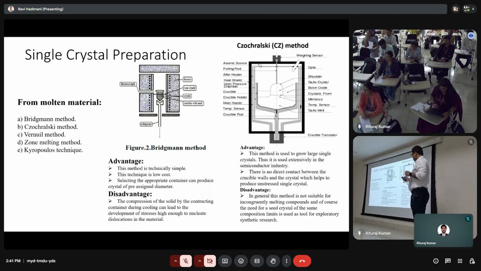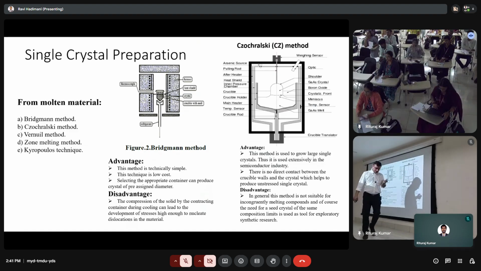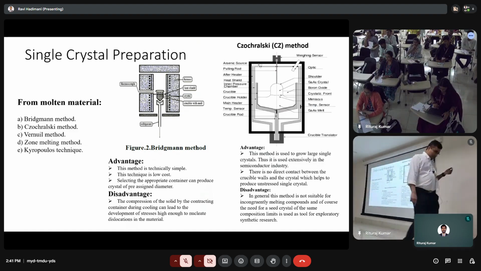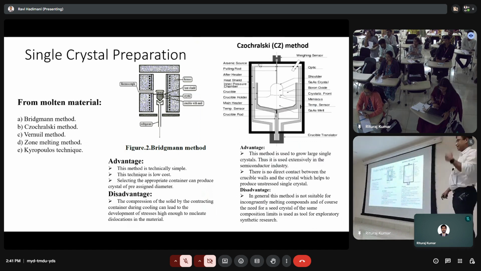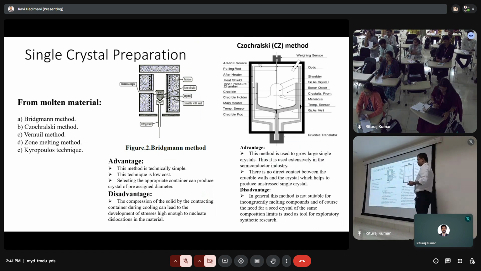Okay, so there is also another one called the flux method. If you want very small single crystals, there is another technique, again, I can't remember the name, something to do with the flux method. There are varieties of methods, but they all start with a seed.